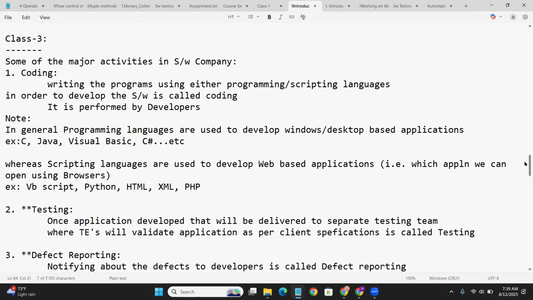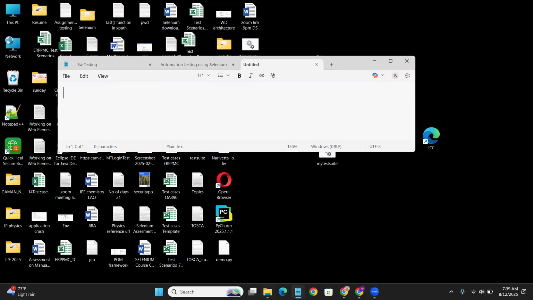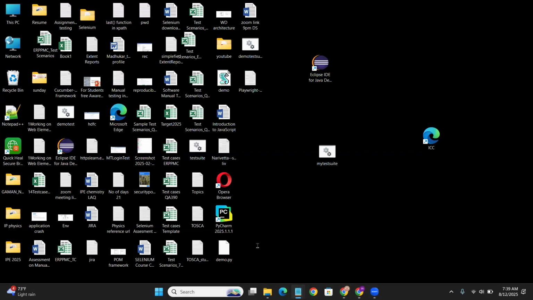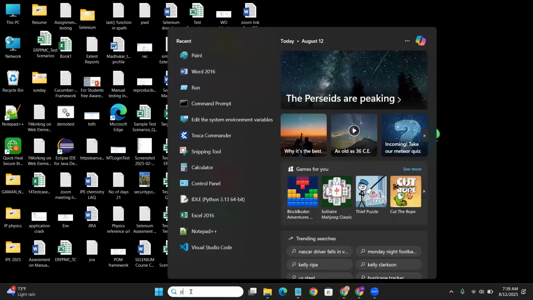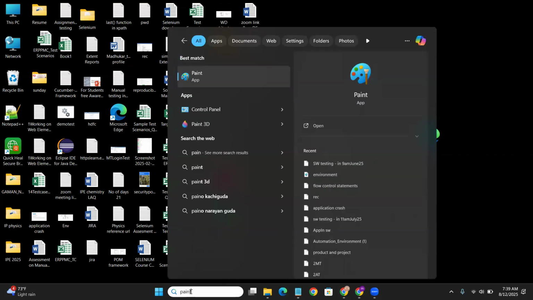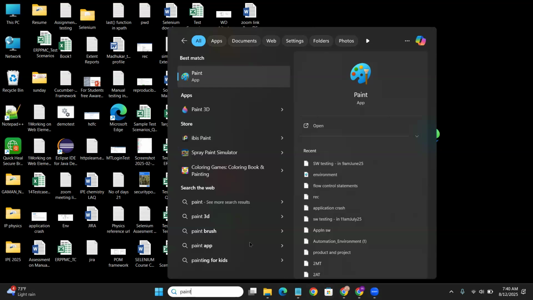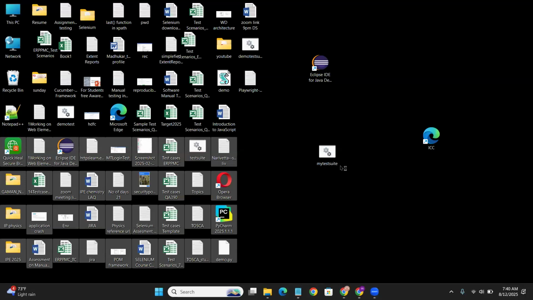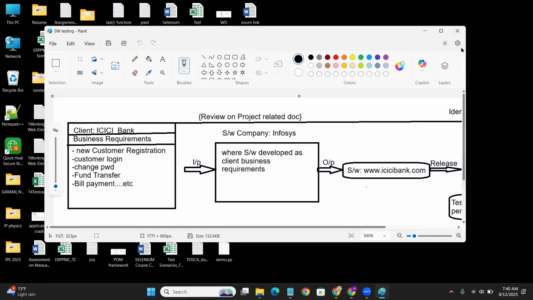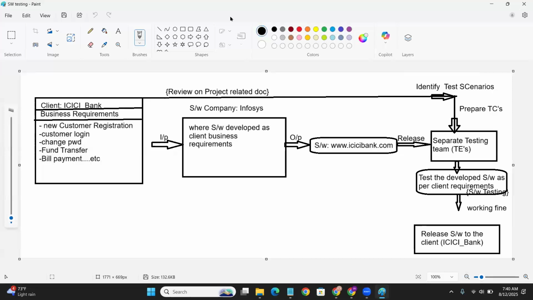Next, some of the major activities in a software company. First activity will be coding.